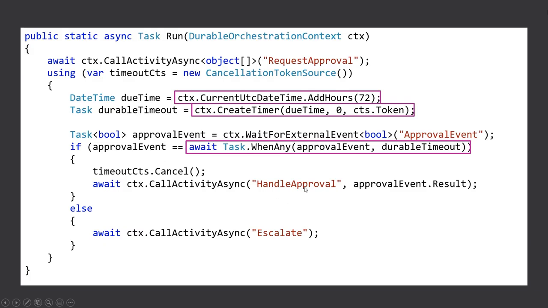Because if we have the approval event, we're going to have to handle it. So is it approved or denied? We can save that to the database, doesn't matter. But if the durable timeout comes before the approval event, that means that we waited 72 hours and there was nothing that Bob did. And so we had to do a call activity async, and we want to escalate.